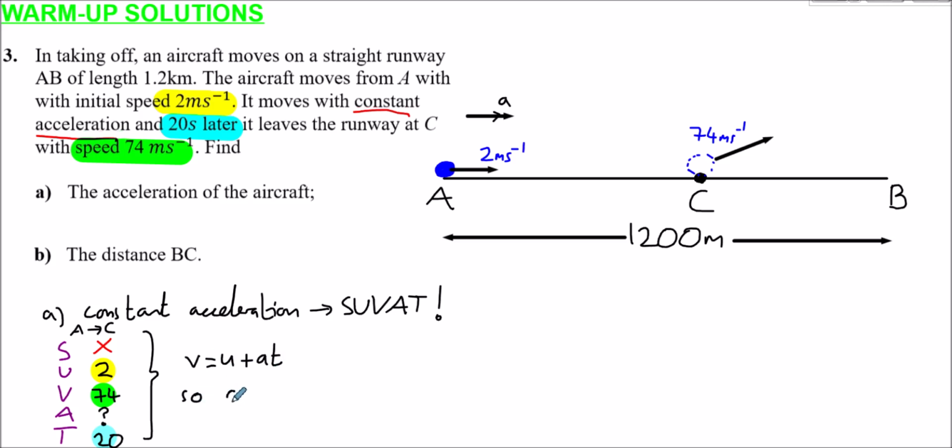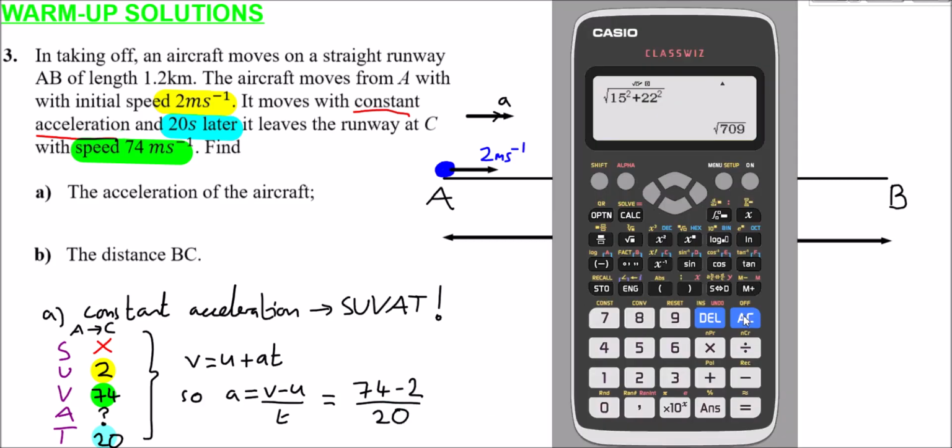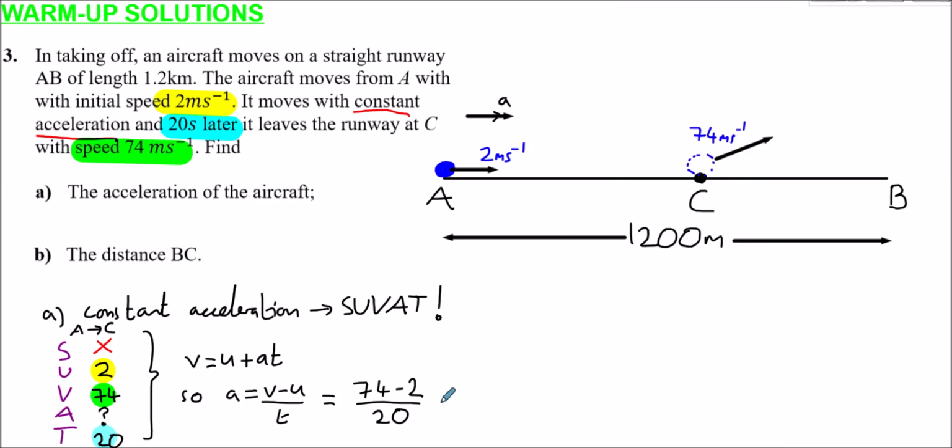So in other words, if we rearrange this, A is V minus U over T, which is 74 minus 2 over 20. And if we now get the Classwiz and work this one out, 74 minus 2 all over 20, that gives us 3.6. So the acceleration is 3.6 meters per second squared.